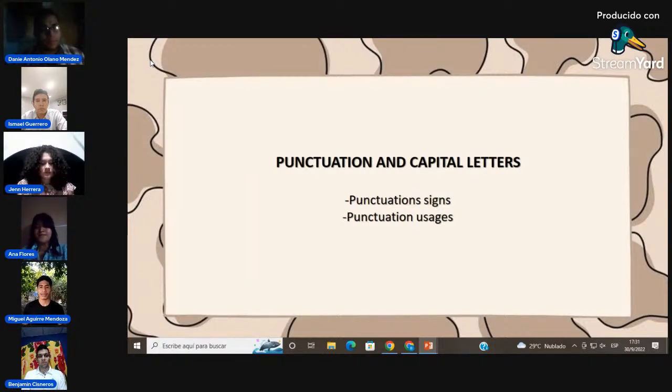So there are some situations that we could face when we are teaching, and in order to improve or avoid that, we could know that there are some basic rules that do not change through time. They are like the basis of spelling.